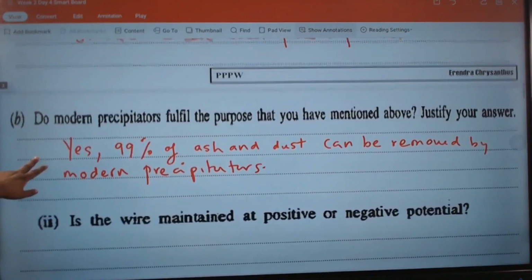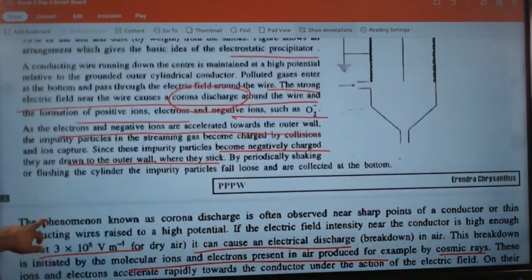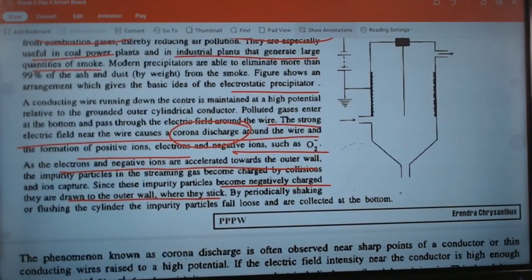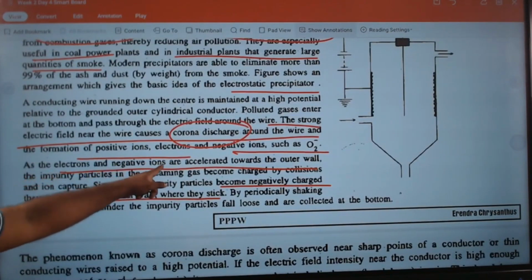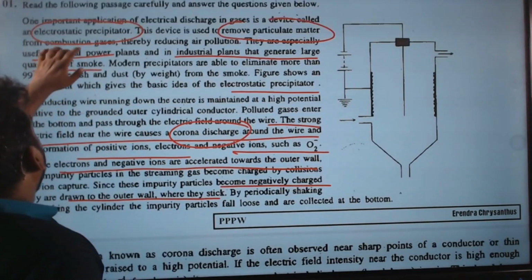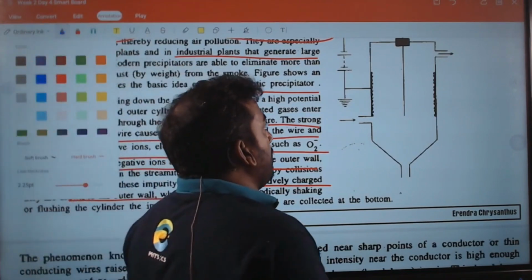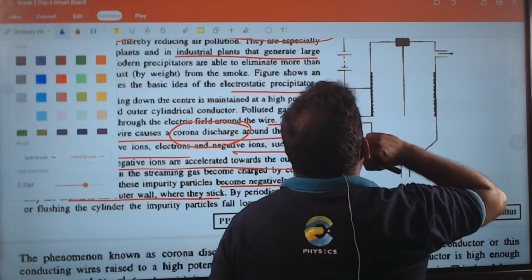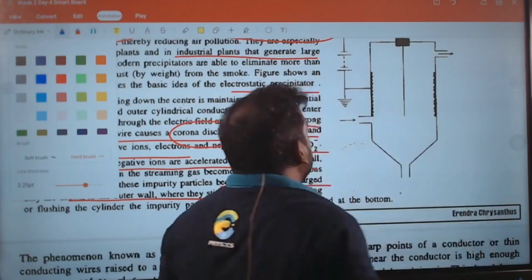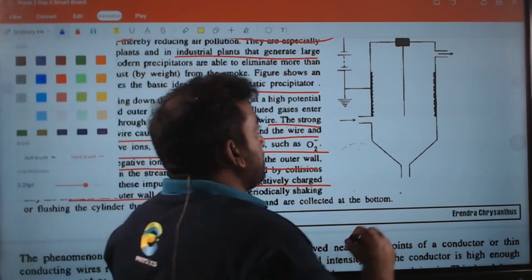Is the wire maintained at a positive or negative charge? Now, if you read this carefully, you will understand. As electrons and ions are accelerated towards the outer wall. Why is it accelerating towards the outer wall? Electrons are accelerating towards the outer wall because what? Outer wall should be positively charged or negatively charged? Outer wall should be positively charged.